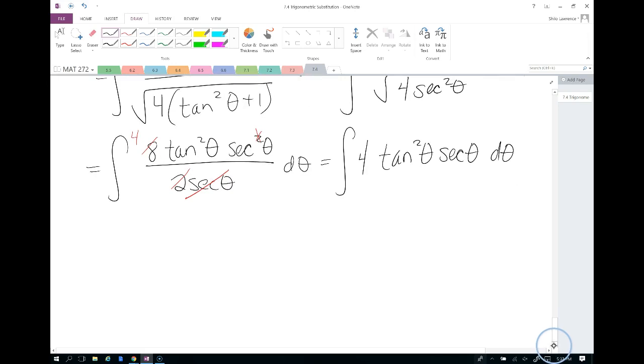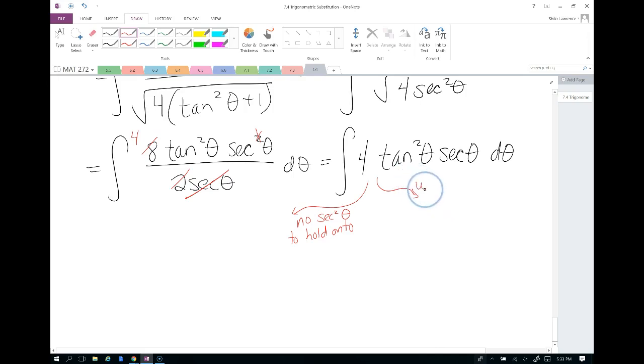Now this one is kind of a unique case because our two options are to either hold on to a secant squared, which we don't have. There's no secant squared to hold on to. Or hold on to a secant tangent.